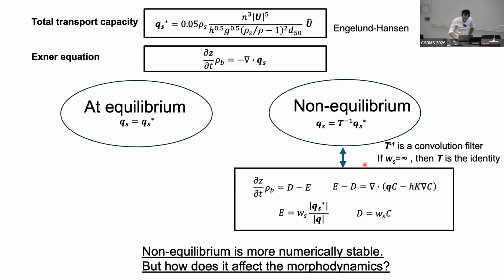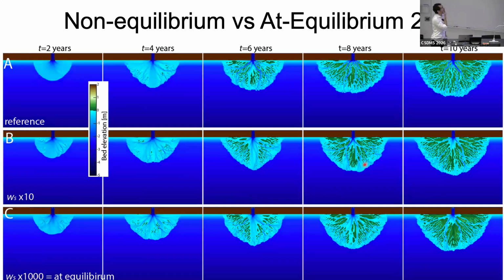So this is, with my model, a morphodynamic simulation, and the bottom one is assuming equilibrium, which you can do by using the suspended sediment transport and setting the settling velocity very, very large, so the transport instantaneously adjusts to the local condition. So you get the bottom one, and the top one is the reference value with the realistic settling velocity for sand. And you can see that they are very, very similar.